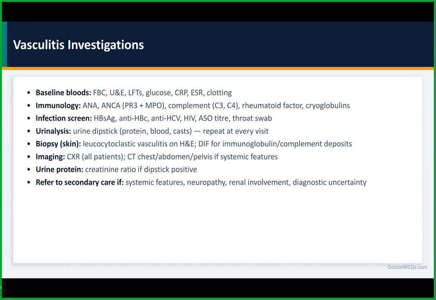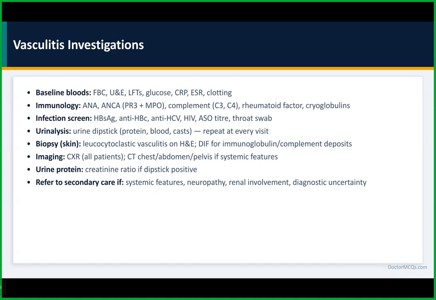For the infection screen, hepatitis B for PAN, hepatitis C for cryoglobulinemia, and HIV, ASO titer, and throat swab can be taken. Urinalysis is a urine dipstick for any protein, and to rule out Henoch-Schonlein purpura in children. If the patient is in front of you and you cannot diagnose the case, you will refer the patient. In some cases, there could be direct immunofluorescence testing, or a biopsy can be taken.